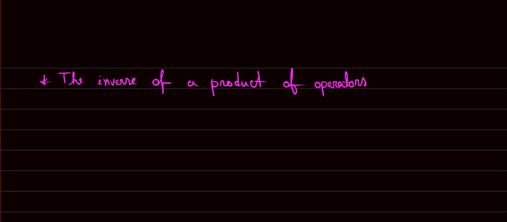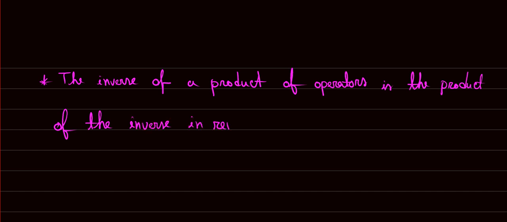And what will be the inverse of the product of two operators? Let me write it first. The inverse of a product of operators is the product of the inverses in reverse.